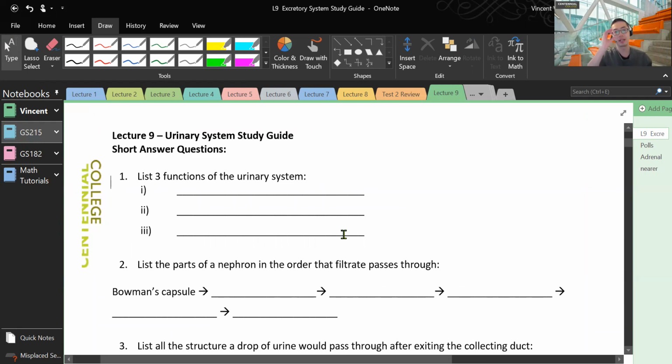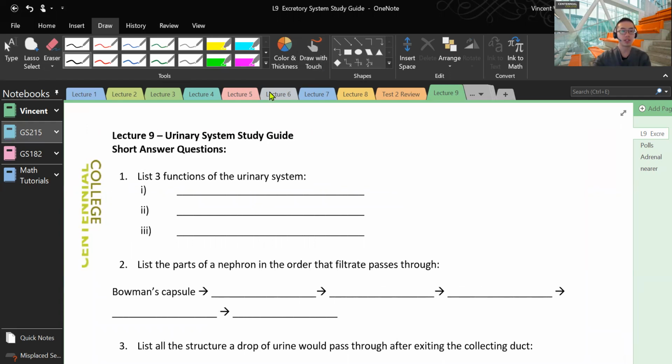Actually, everything in the third unit is quite challenging compared to the earlier stuff that you've learned. We're in the final stretch of the course, so it only makes sense that things get progressively harder as the course goes on.